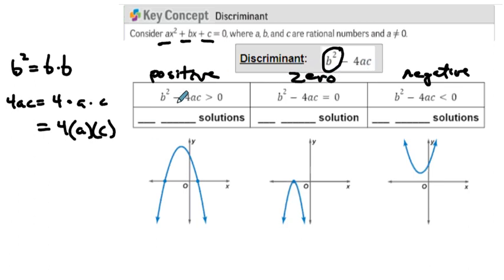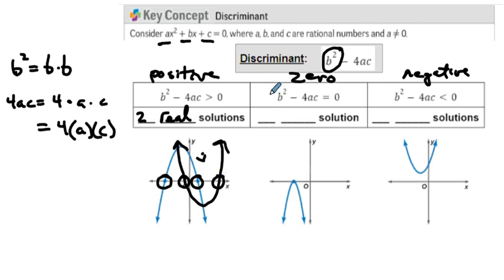So when it's positive, you have two real solutions, because you can see here it goes through the x-axis twice, right? Another example would be something like this, which would also have two real solutions, that and that. That will take care of a lot of the examples we will deal with.